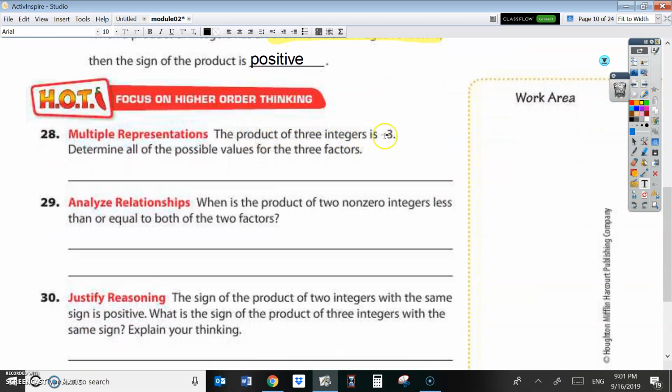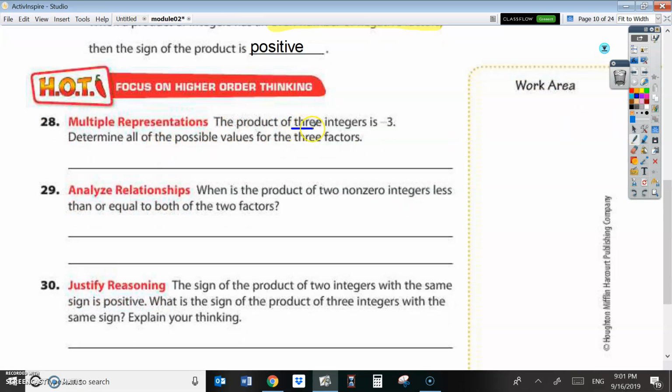The product of 3 integers is negative 3. So we have 3 integers, and the product is negative 3. So something times something times something equals negative 3. Floating dot means multiply. So we need to multiply 3 things to get negative 3. So how about 1, 1, and negative 3. 1 times 1 is 1. 1 times negative 3 is negative 3.